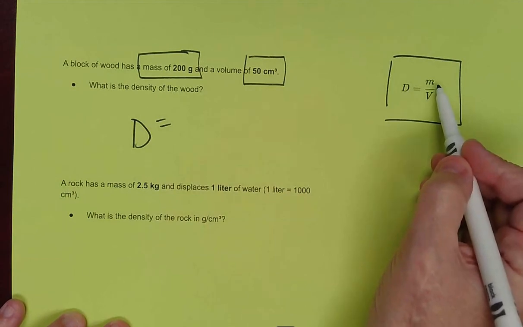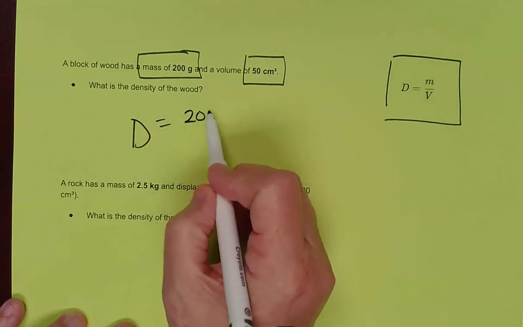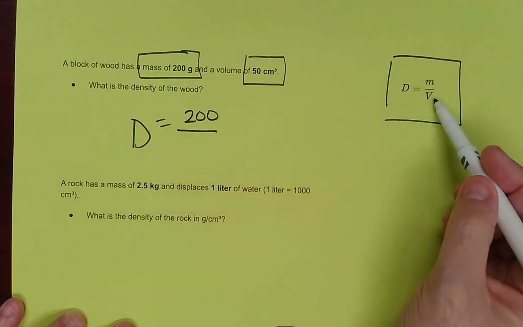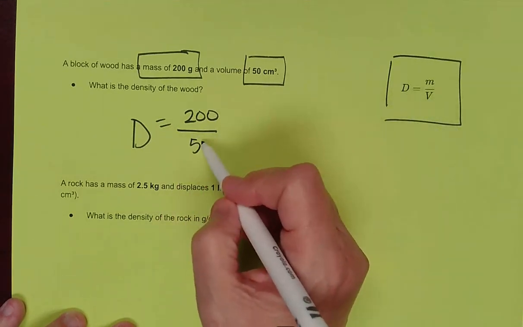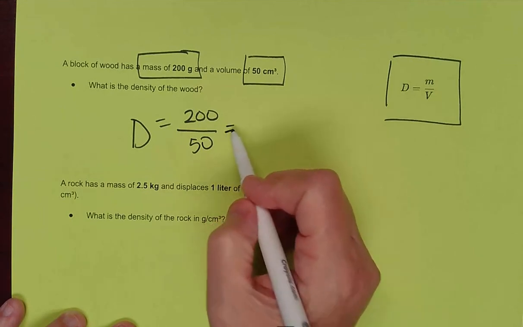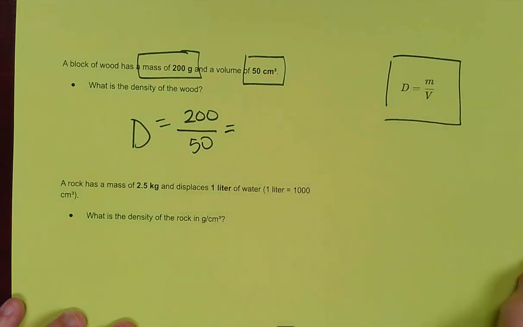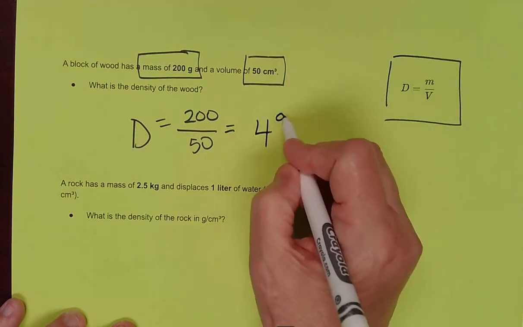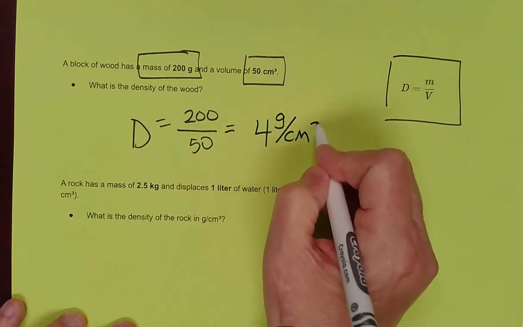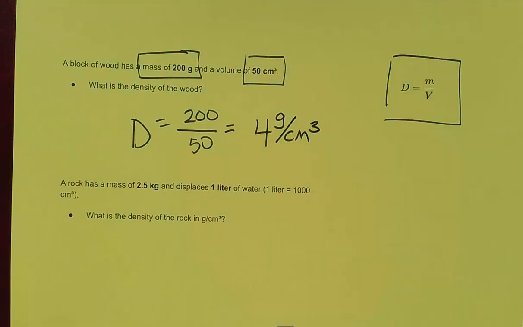That's the number that goes on top where the M is. 200 divided by a volume of 50. 200 divided by 50. I can punch that in my calculator if we need to, but it is 4 grams per centimeter cubed. And that means for that volume, each cubic centimeter would have a mass of 4 grams.